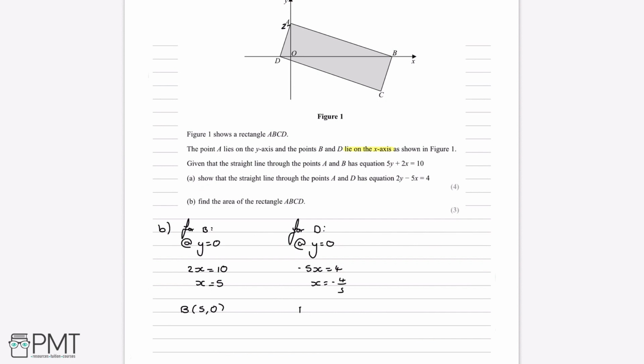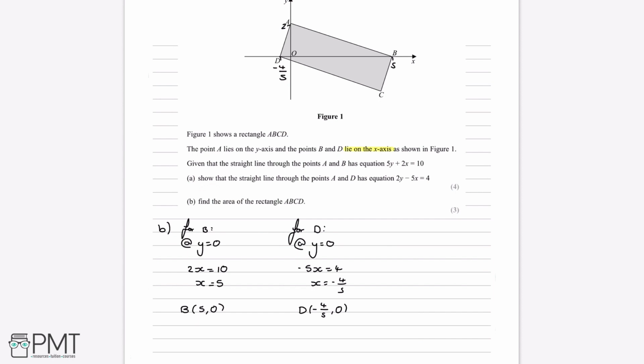And so the coordinates of D are minus 4/5, 0. So now we have the coordinates of both of these points. B is at 5, 0 and D is at minus 4/5, 0. We can work out the lengths of both these lines.